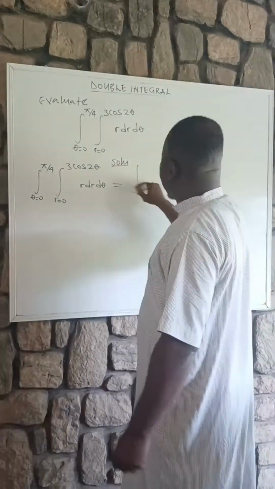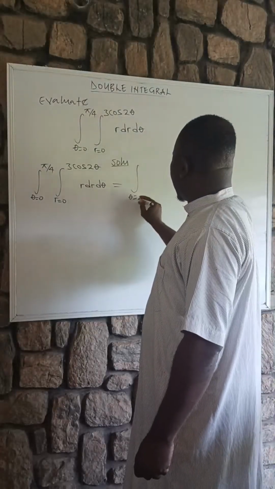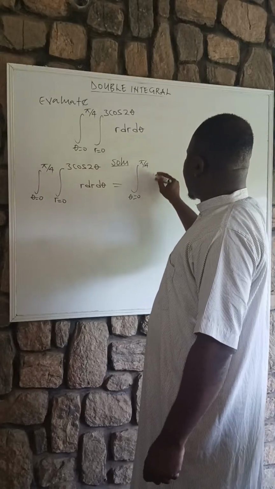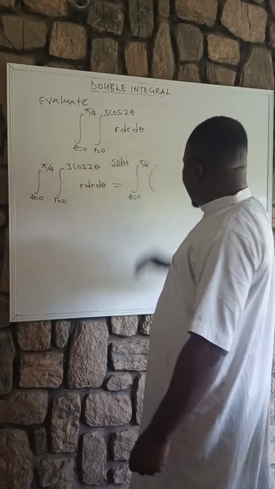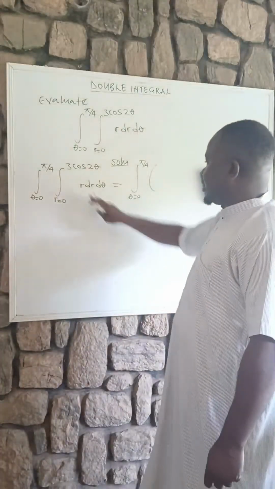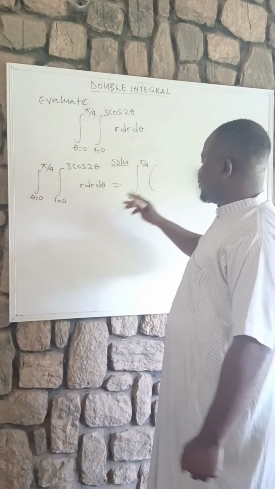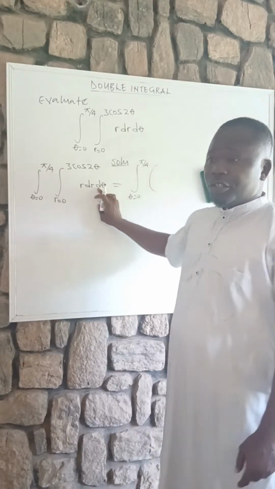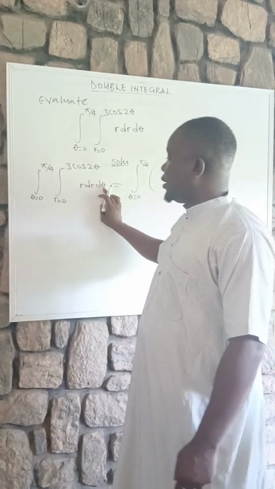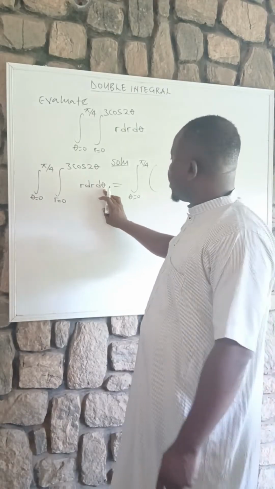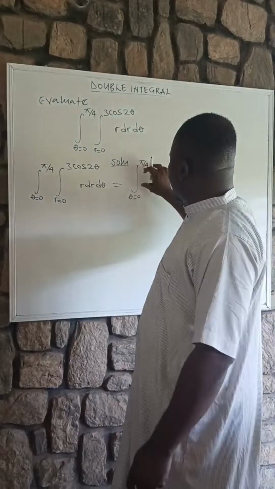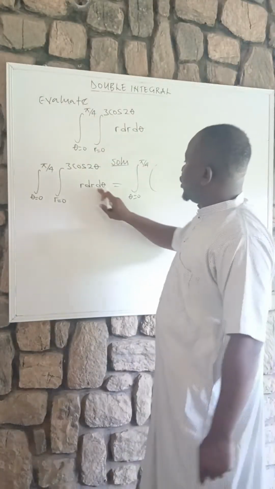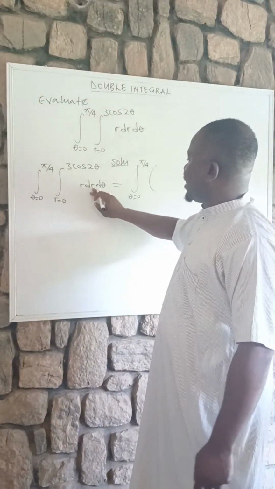So you write the integral first, theta equals 0 to pi over 4, possibly opening a bracket. If you integrate r dr, mind you, the d theta is held constant. Why? Because look at its limits here.